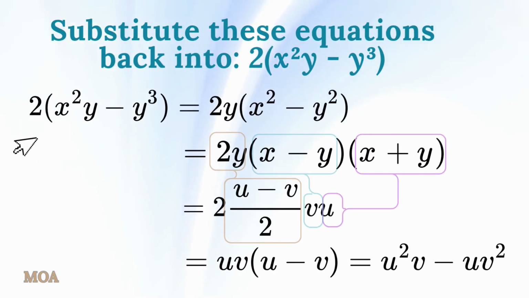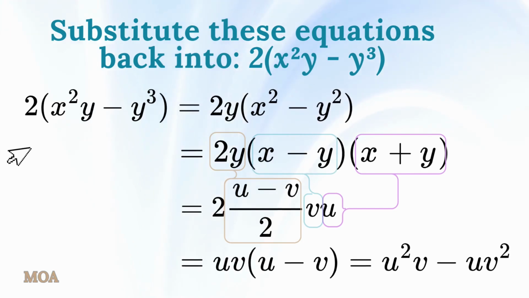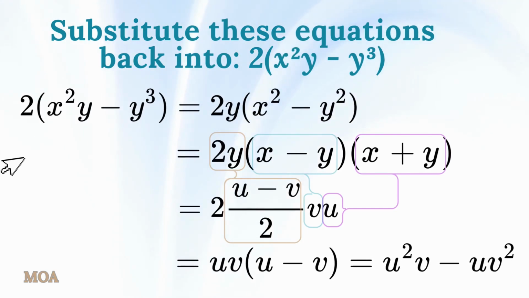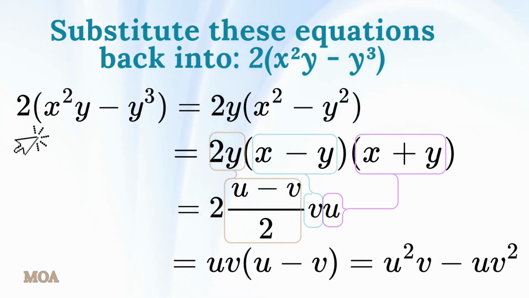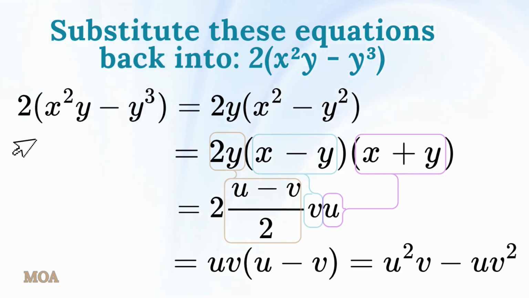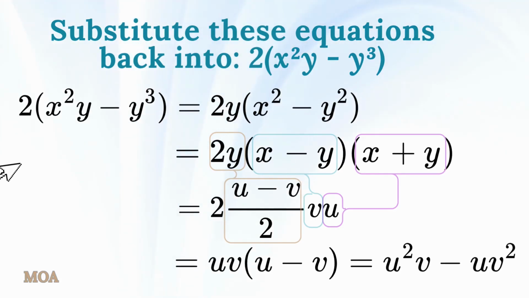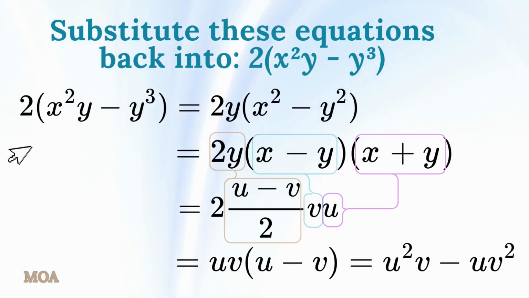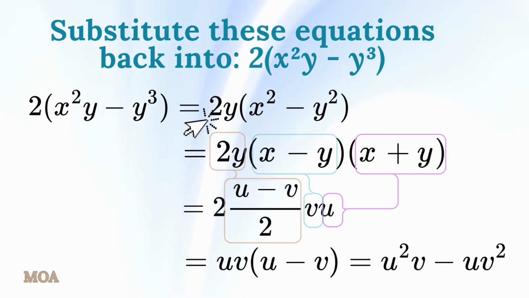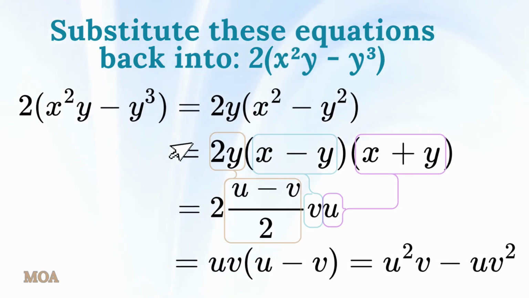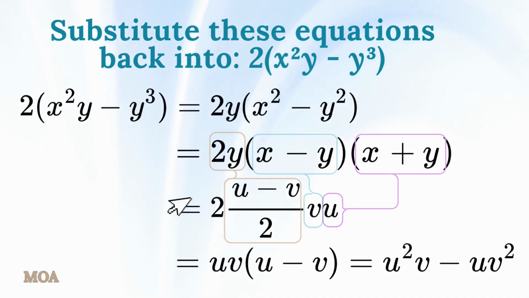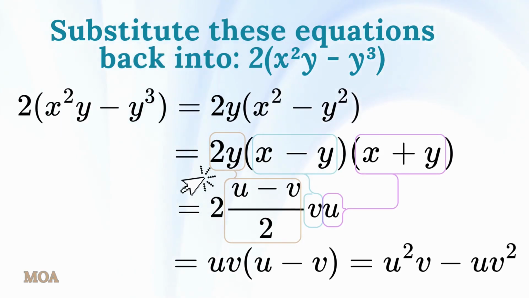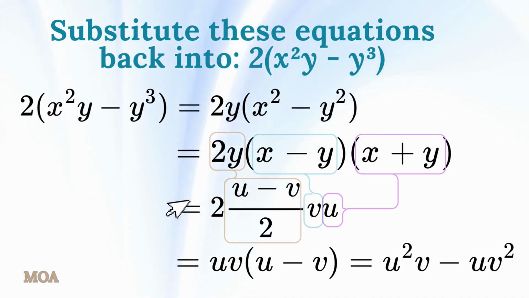Now, let's substitute these expressions back into the right-hand side of the original equation. First, we factor the polynomial 2 times the quantity (x squared y minus y cubed) as 2y times the quantity (x squared minus y squared), which equals 2 times y times (x minus y) times (x plus y).